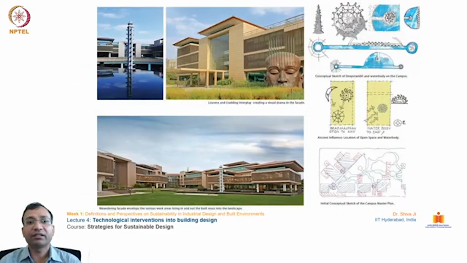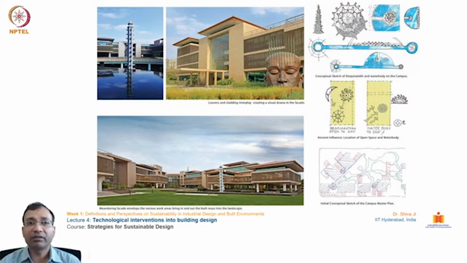You can see in this illustration he has utilized some vernacular and cultural features, such as this deep stump, and he has utilized water bodies. This building is located in the city of Pune. So this water body creates a microclimate.